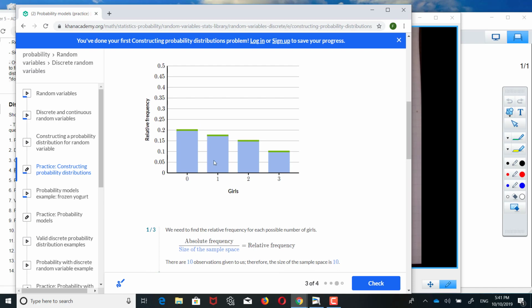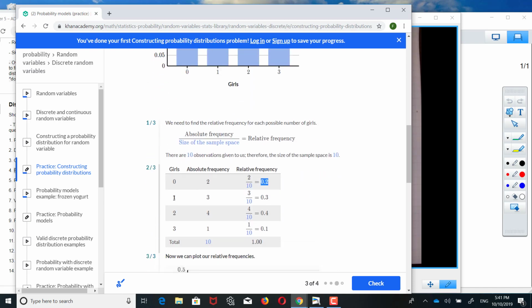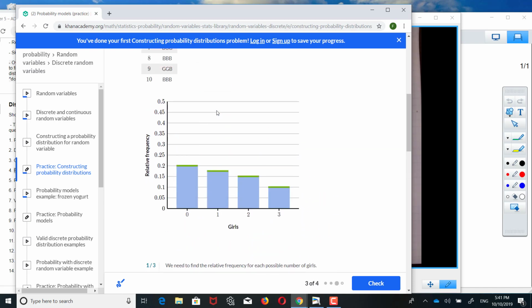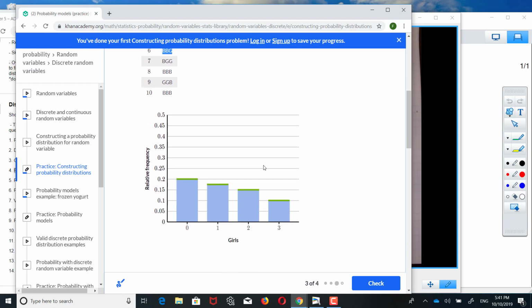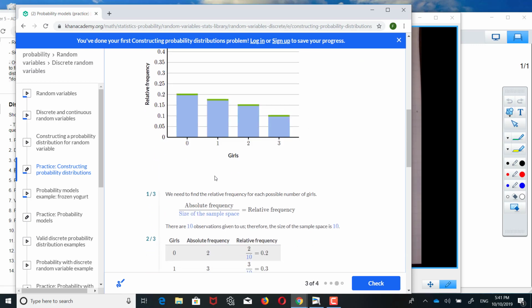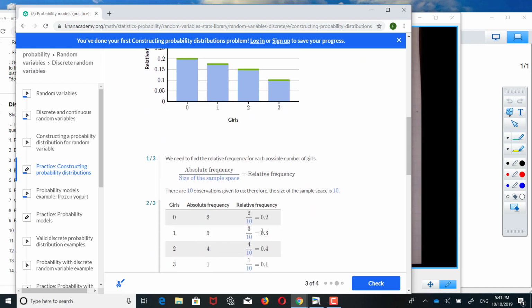And then let's say 1 girl means there's only 1 G. First case, only 1 G. Second, only 1 G. Third, only 1 G. So there are 3 cases out of 10, so 30%.